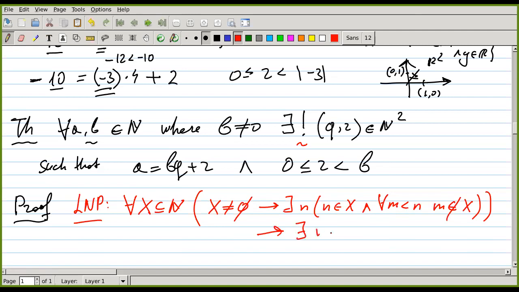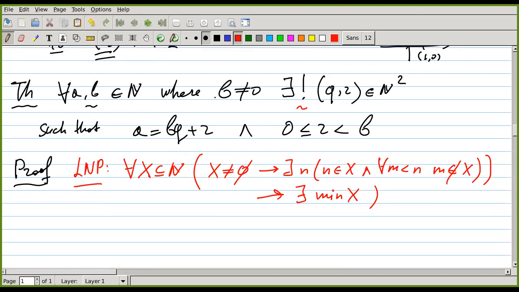There exists the least or the minimal, which are equivalent in this case, element in X. Is it clear? For whatever non-empty set of naturals, there is the least number, the smallest one in this set.